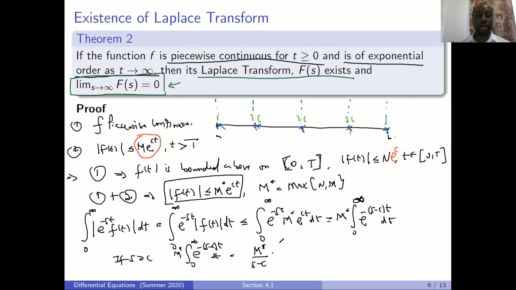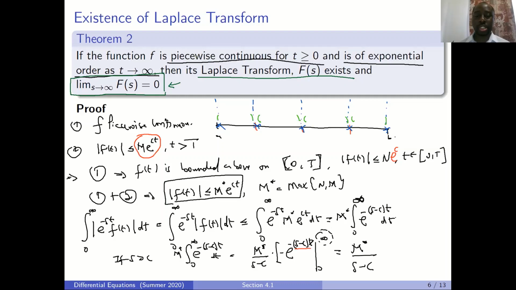times minus e to the minus (s minus c) t, evaluated from 0 to infinity, and this is interpreted as a limit. This gives me m star over s minus c, because since s is greater than c, the exponent is going to be negative, and so if we take the limit as t goes to infinity, this is going to go to 0.